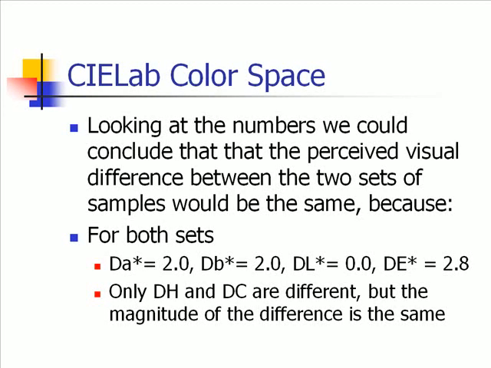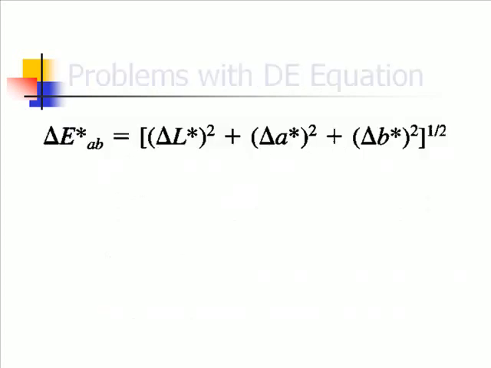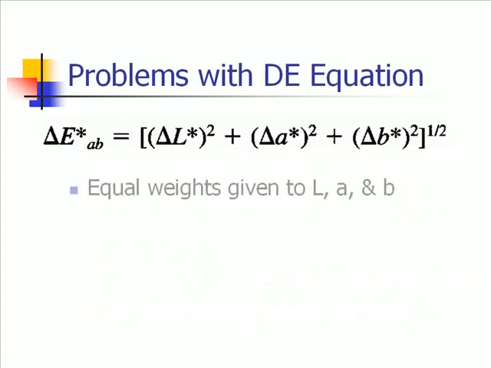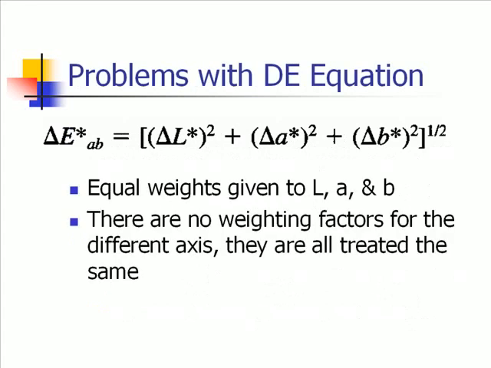The problem is we don't see color that way. Okay? We see differences in hue much more easily than we see differences in lightness and darkness and chroma. So if we were to actually look at two sets of samples like that, what we would see is that the set with the difference in hue would look much farther apart than the set with the difference in chroma, because our eyes are more sensitive to hue differences than they are to chroma differences and lightness.